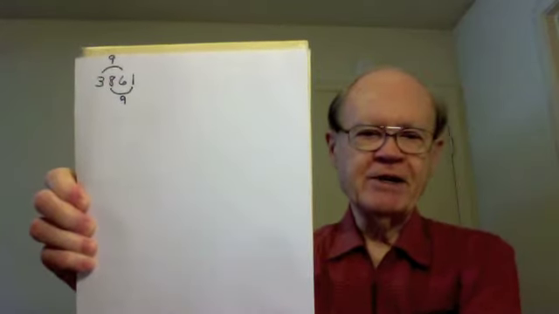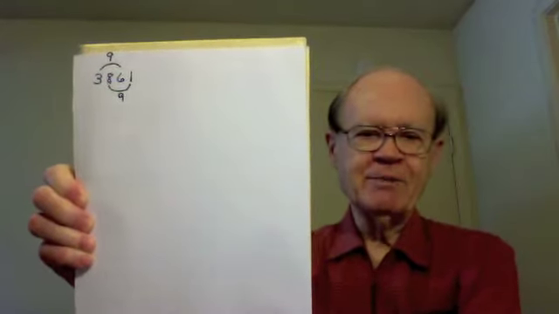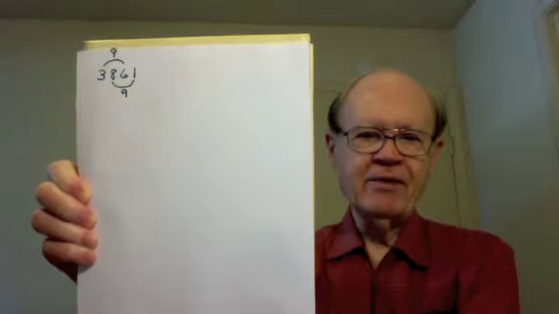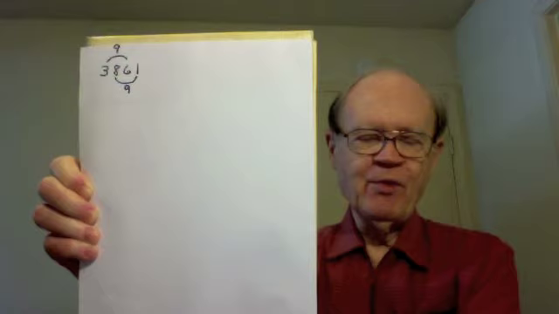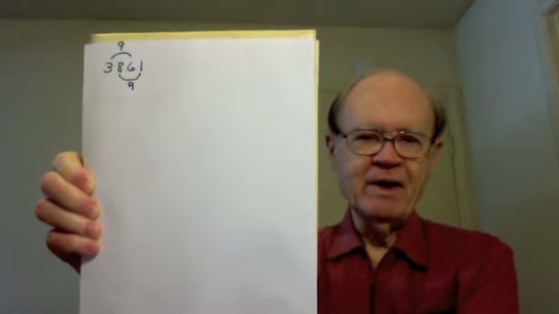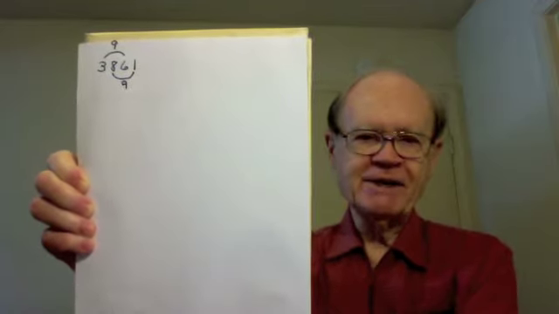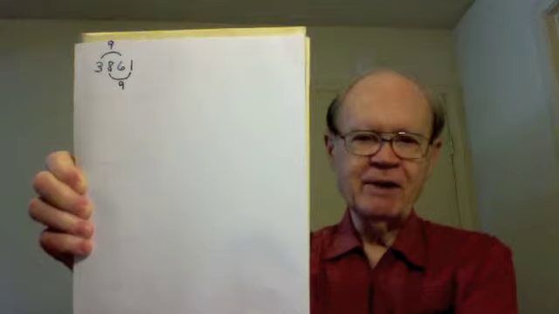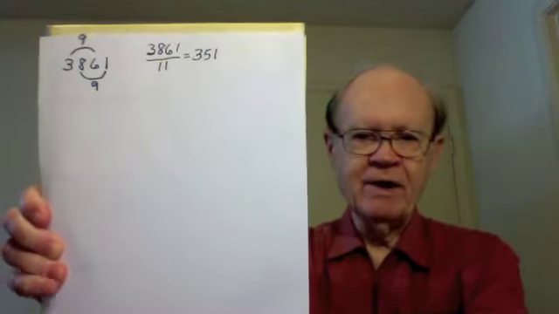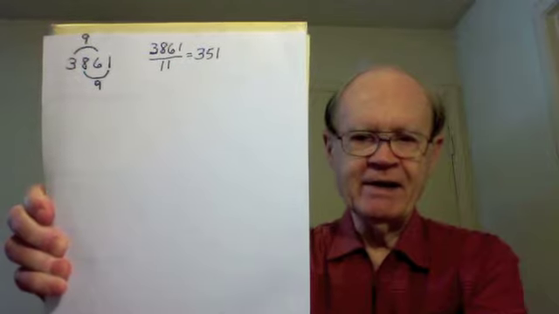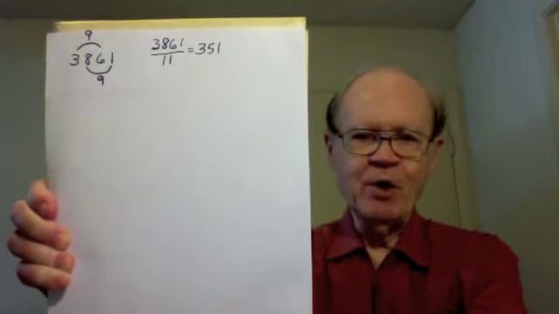The alternating digits 3 and 6 add up to 9, and the other digits 8 and 1 also add up to 9. Both add up to the same thing. That means that 3,861 is a multiple of 11. And indeed, 3,861 divided by 11 is exactly 351 with no remainder.